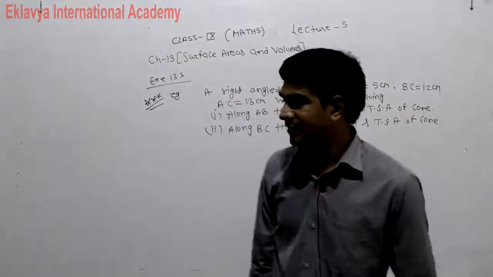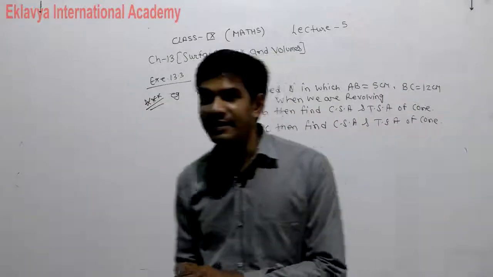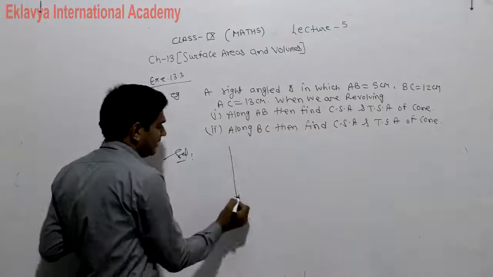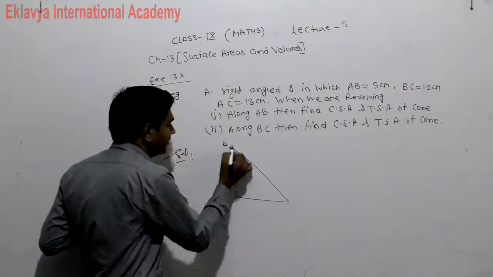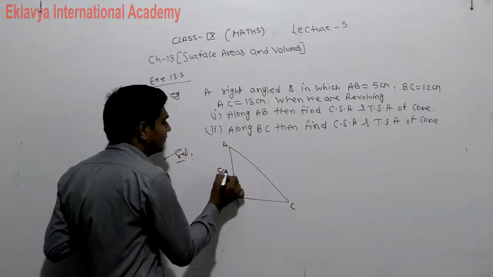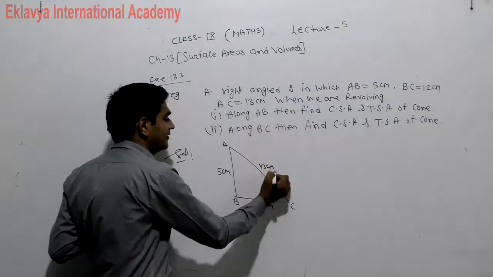In that question, a right angle triangle is given to you. In that right angle triangle, two conditions are given. A, B and C are given to you, that is 5 centimeter, 12 centimeter and 13 centimeter.